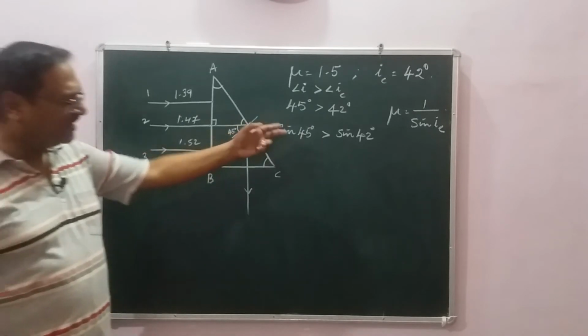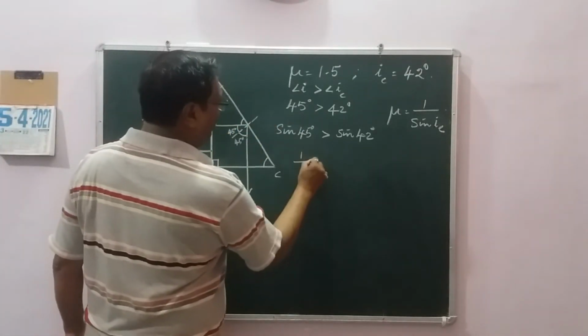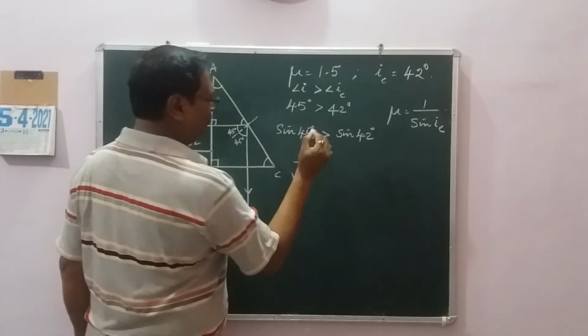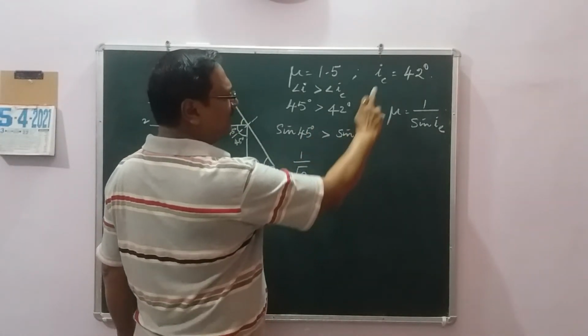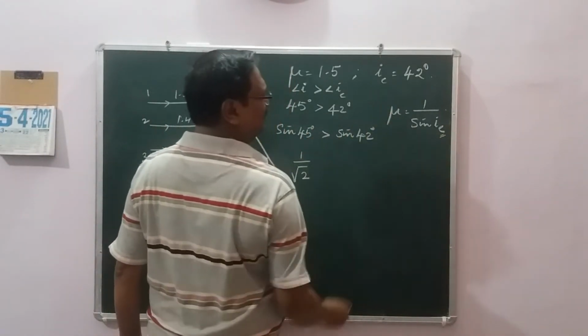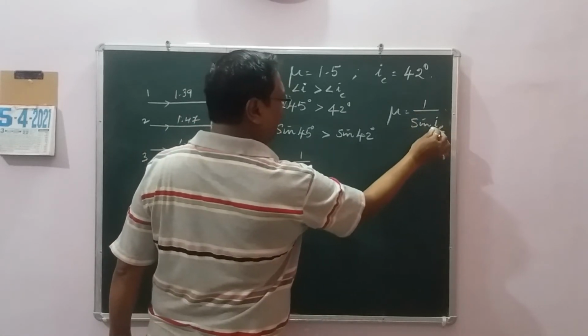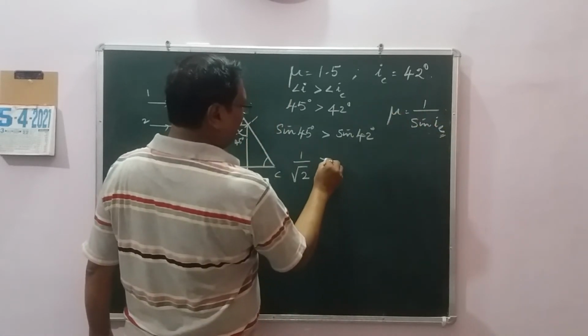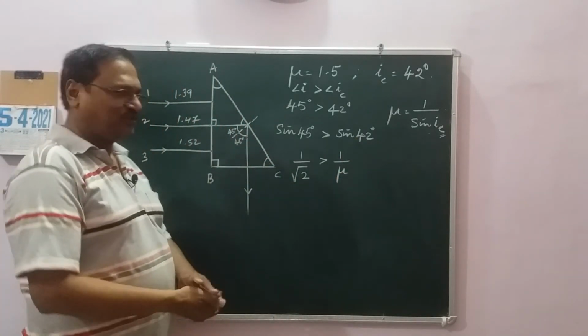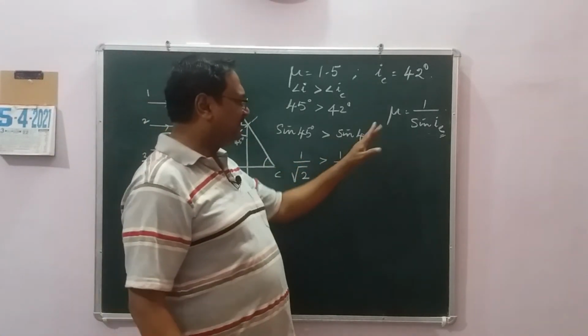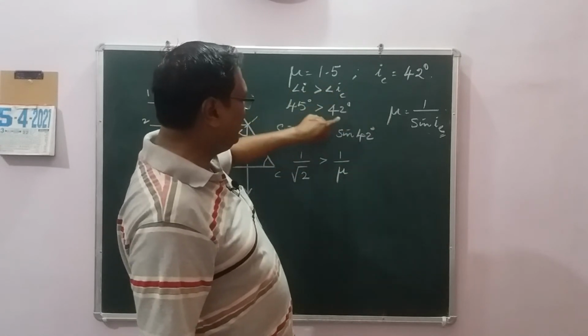What is sine 45? 1 upon root 2. Now sine 42 degrees, I have taken as the critical angle. Watch carefully. Sine of the critical angle, this 42, is nothing but the critical angle.